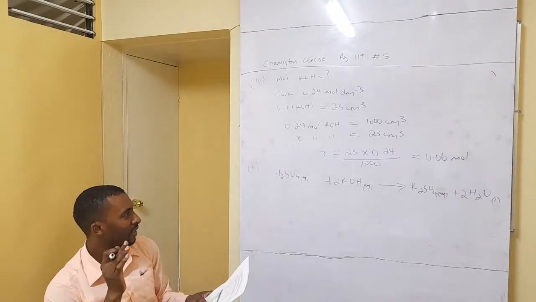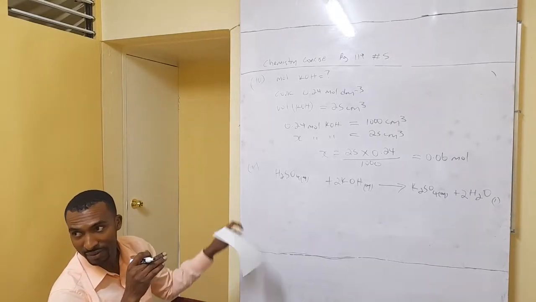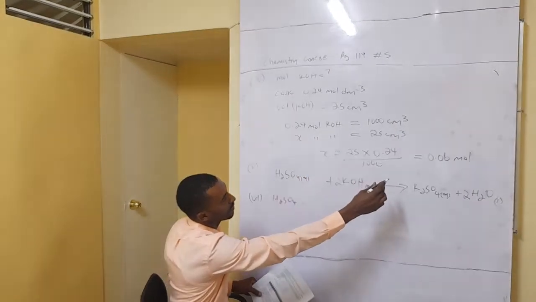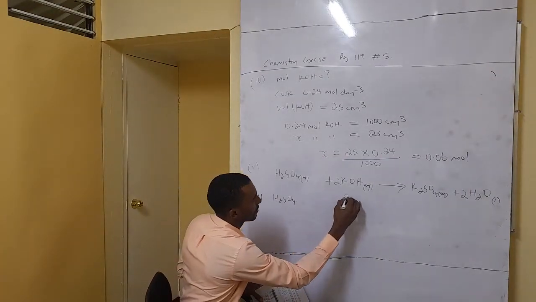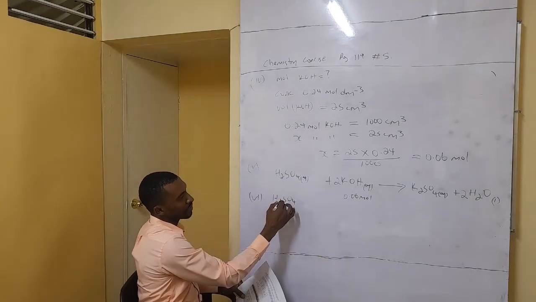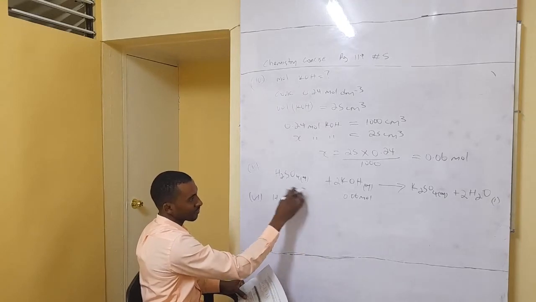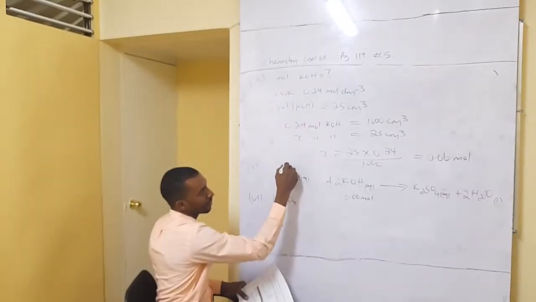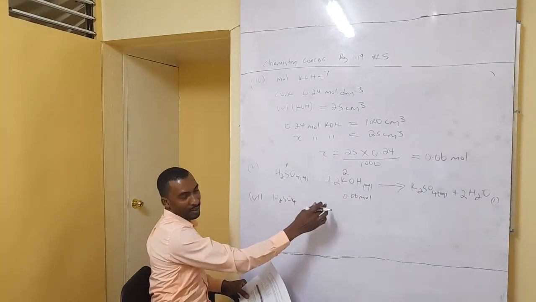Therefore, we can calculate the number of moles of sulfuric acid. Following? From the balanced equation, 0.06 moles of this was used. So to get the number of moles of this, clear? That is a 1 to 2 mole ratio.